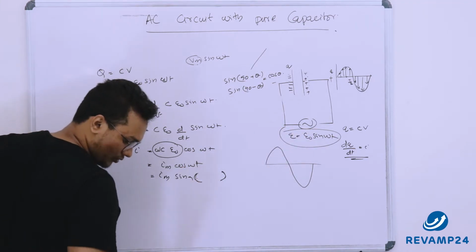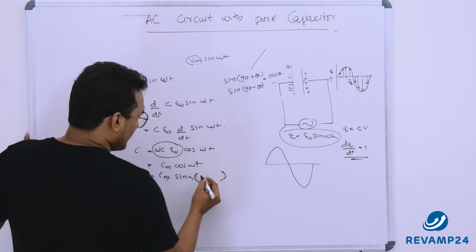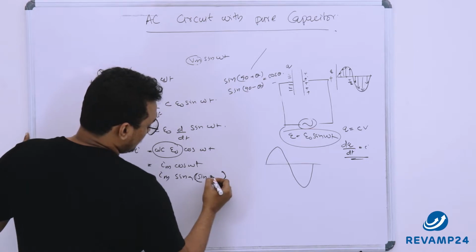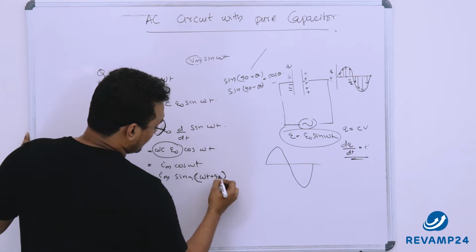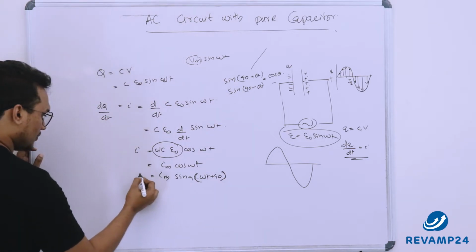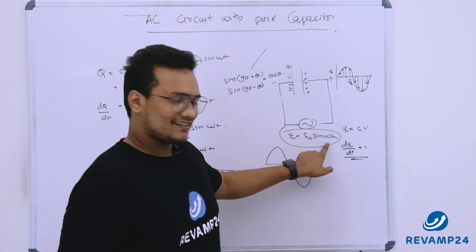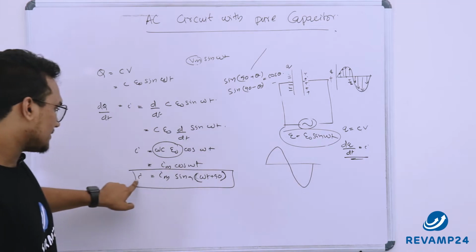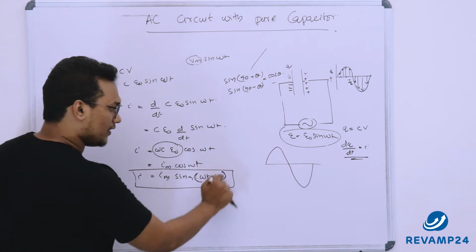EMF. So I am going to represent this as I is equal to I0 sine(omega t plus 90). See, when EMF is at omega t angle, now this phasor current would be omega t plus 90. So here it is always plus 90.